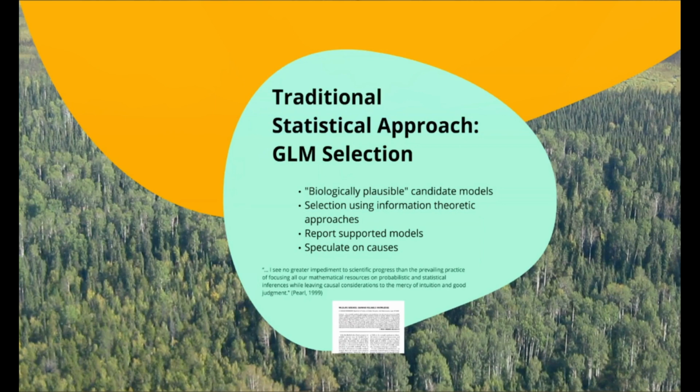And then we select from those various models using some kind of information theoretic approach, and then report on those supported models in our results sections, and then speculate on the causes in our discussion sections.